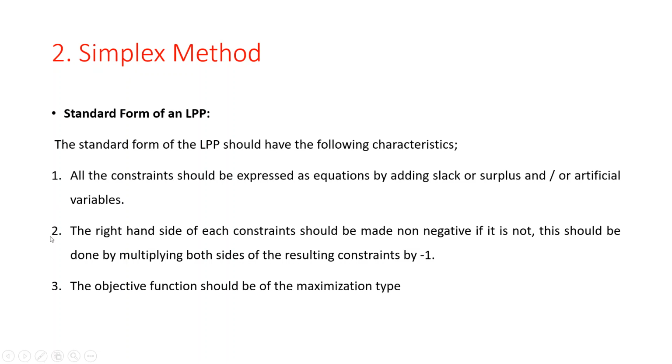The next characteristic is that the right hand side of each constraint should be made non-negative. If it is not, this should be done by multiplying both sides of the resulting constraint by -1.